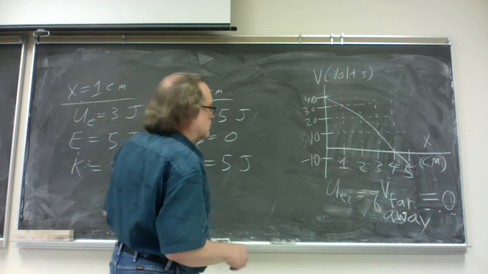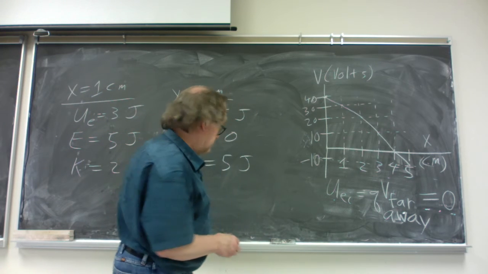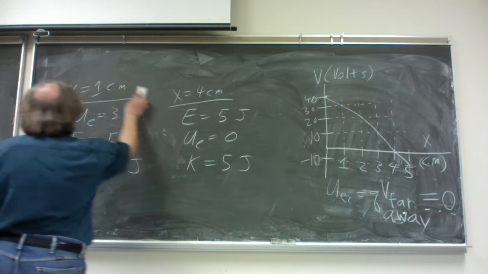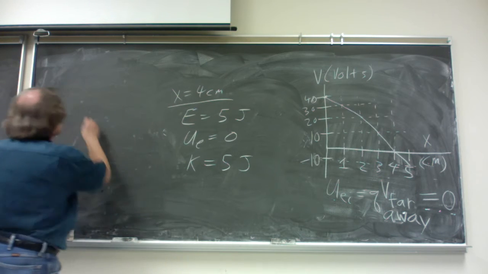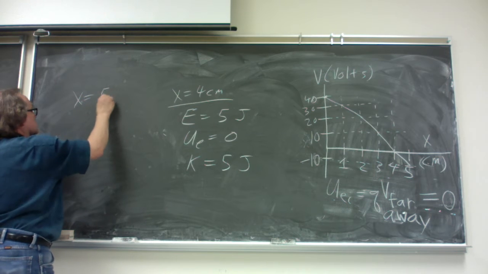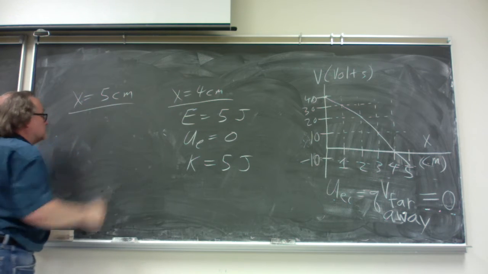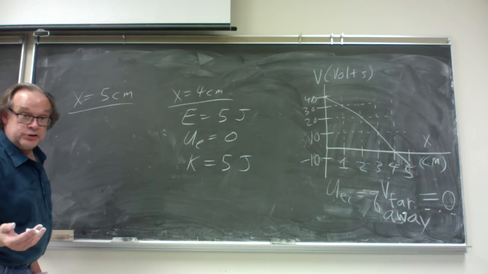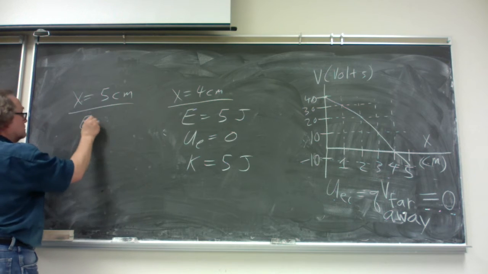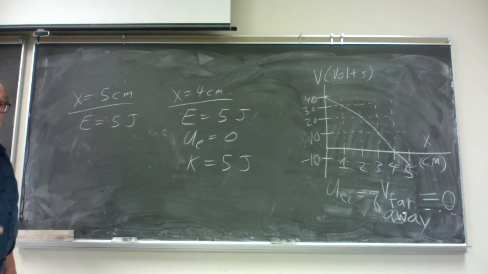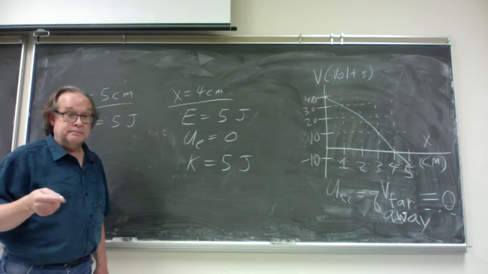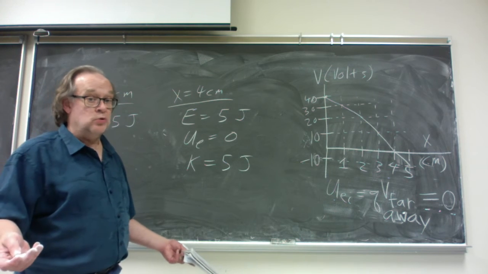Let's look at this last point, x equals 5. Total energy is still the same. Now, what's the potential energy? Same rule as always.